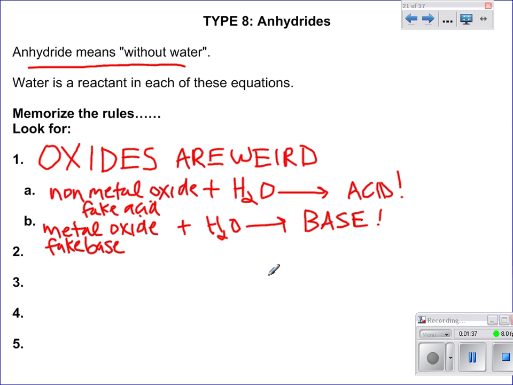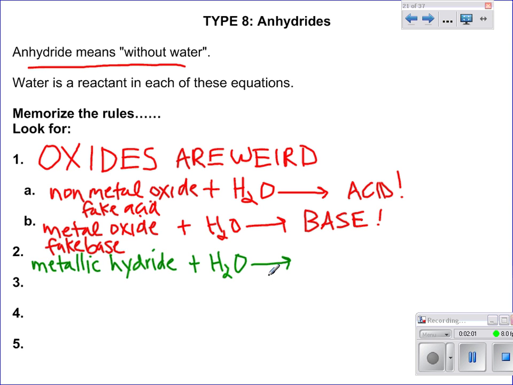The next rule, and this is going to be very similar to a push-up problem, if you have a metallic hydride, and by hydride, I mean a metal attached to H, like NaH, CaH2, or something like that, and you add water to it, we're going to get the exact same products as we did when we just add the metal to water in the push-up problems.